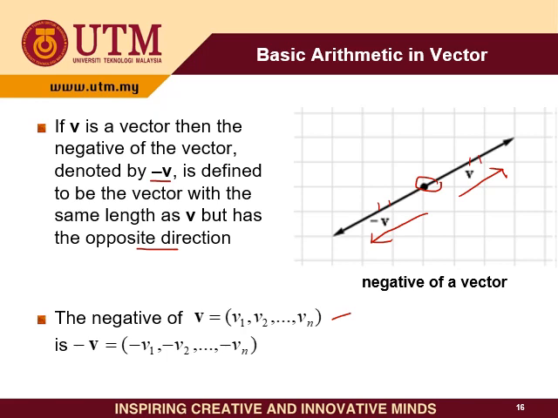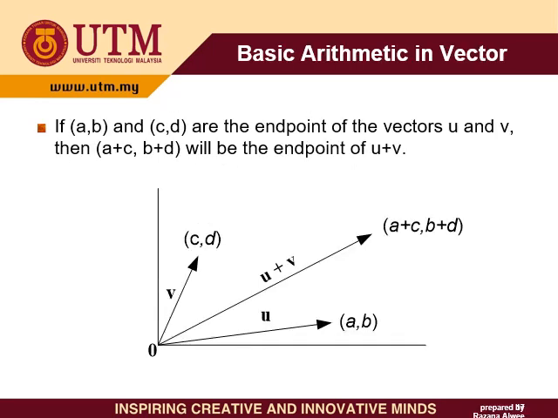If AB and CD are the endpoints of vectors u and v, so for vector u it is AB and for vector v it is CD, then A plus C, B plus D will be the endpoint of u plus v.